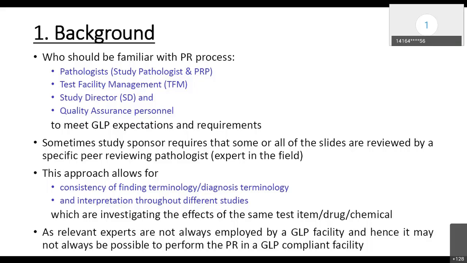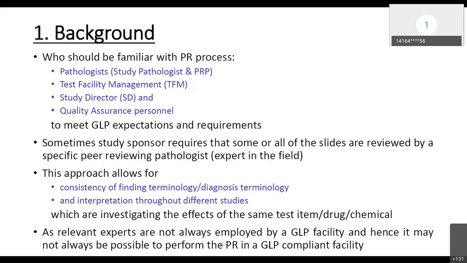There are several peer review pathologists in the world, but everybody has their own expertise depending on the system. Some peer review pathologists are experts of the respiratory system, some are experts for the male reproductive system, some for the lymphoid system, immune system.